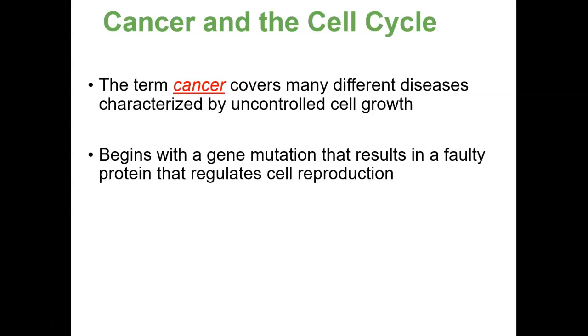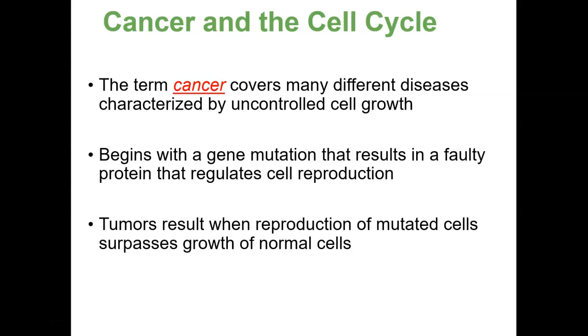So often cancer begins with a gene mutation that results in a faulty protein, a protein that is not working right, and that upsets the cell reproduction, it upsets the cell cycle. Tumors will result when reproduction of mutated cells surpasses the growth of normal cells. So a tumor is when these cells just keep growing and growing and growing and piling up.